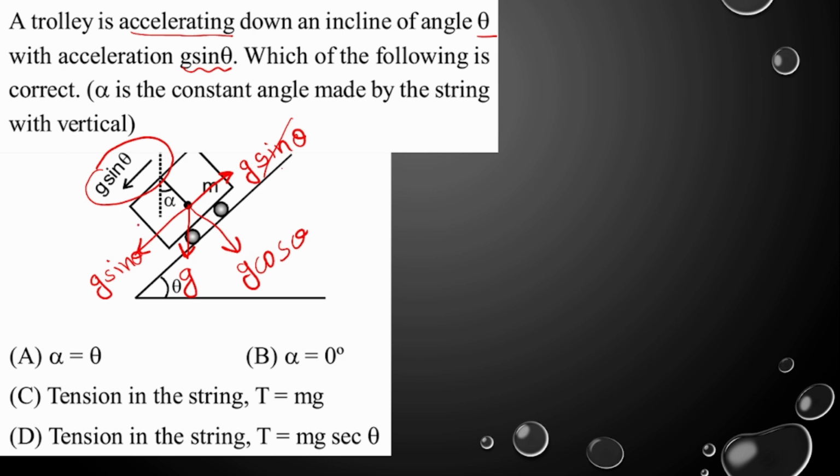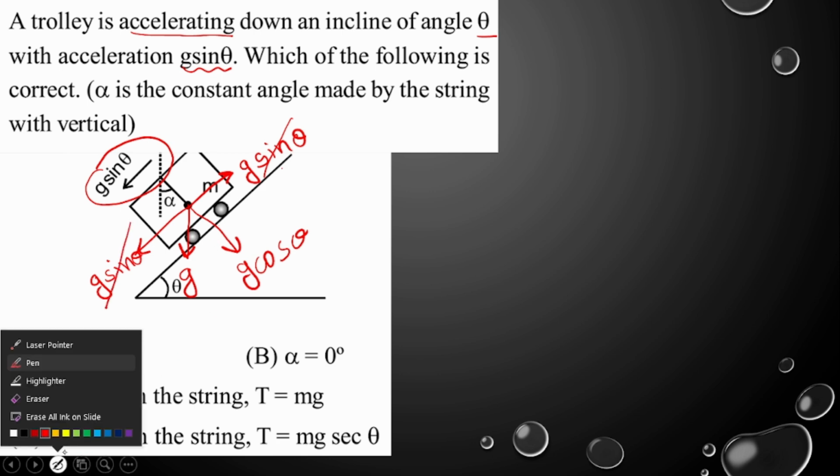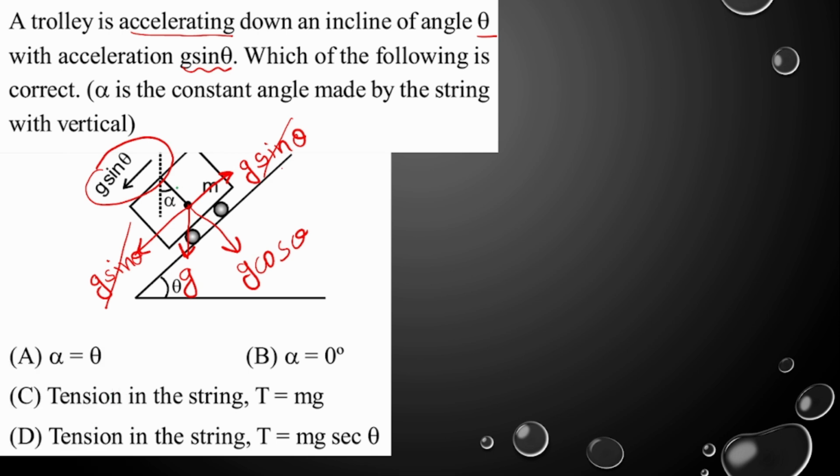So g sin theta and g sin theta will cancel each other, so the pendulum of the trolley system will remain like this. This is the surface, and the pendulum will remain perpendicular to the surface, and this angle will definitely be theta. So alpha is theta. This is our answer.